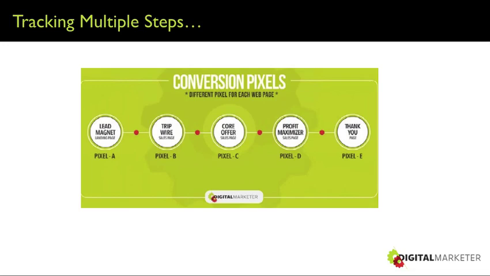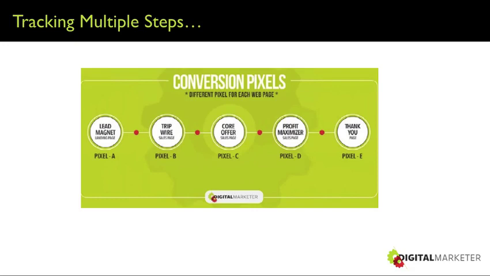So you could track web page visits or key views there. That pixel would tell you how many people have actually landed on the page. Pixel B would show you how many people actually opted in on that page, how many people actually submitted their email address, because they would only land on that next page if they did so.